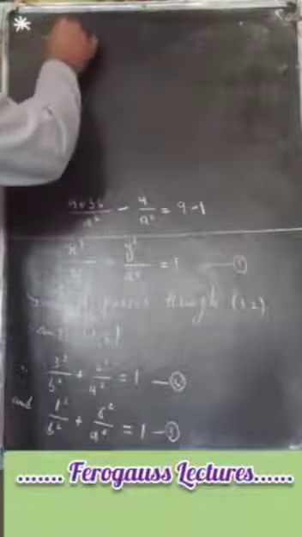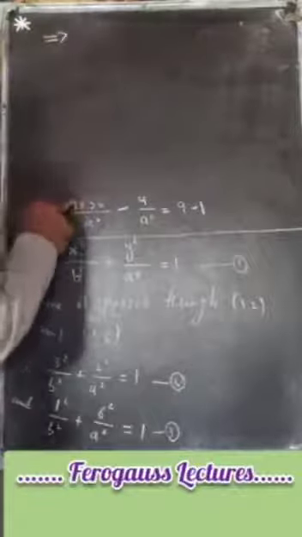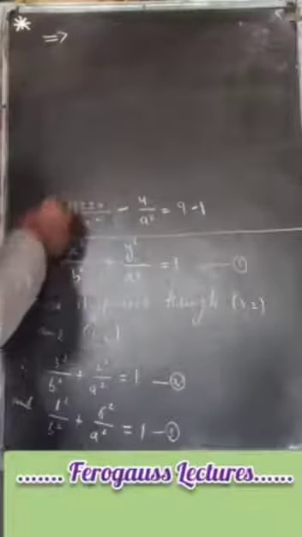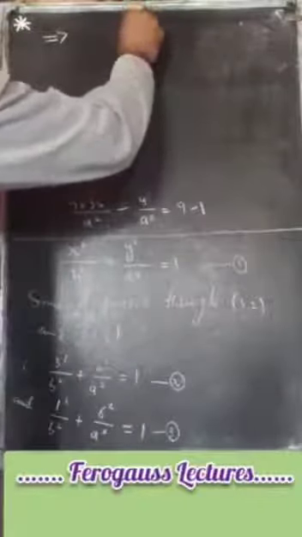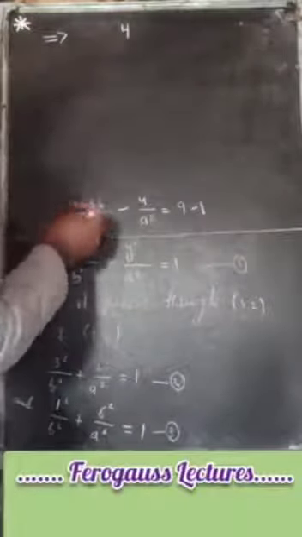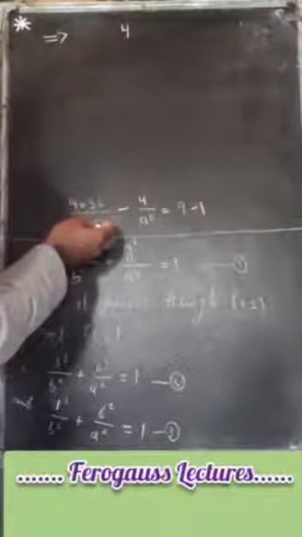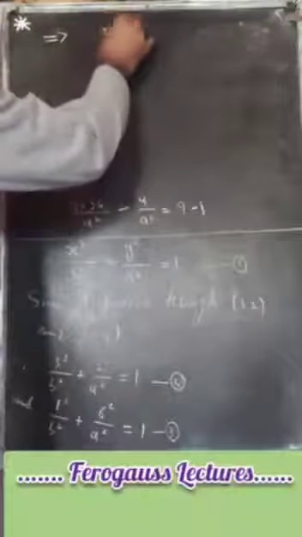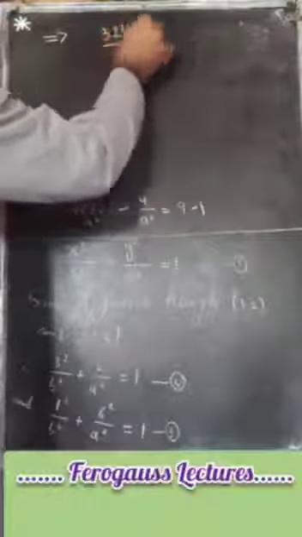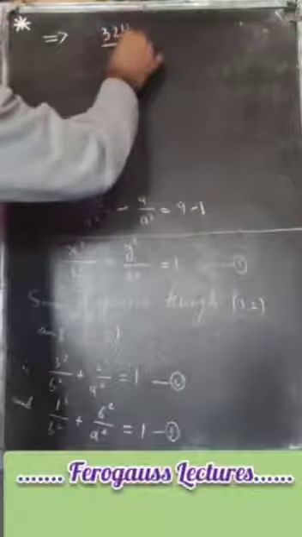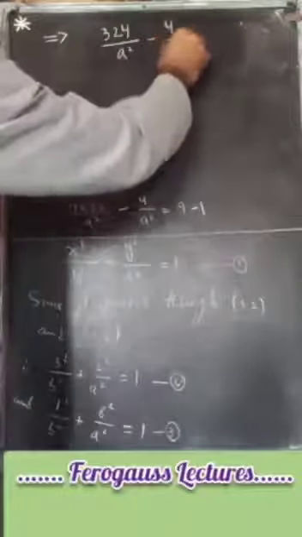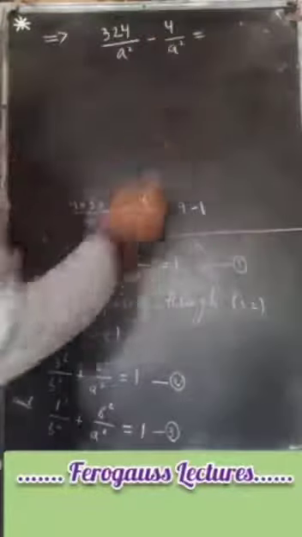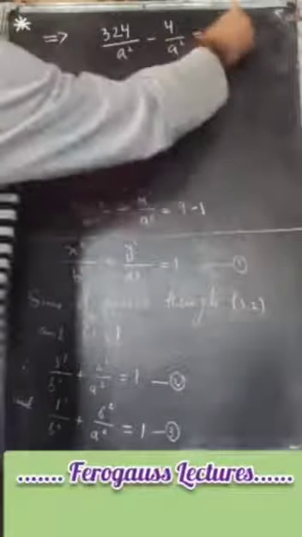That implies 9 into 36 is 324, so it is 324 divided by a square minus 4 divided by a square equal to 9 minus 1, so that is 8.